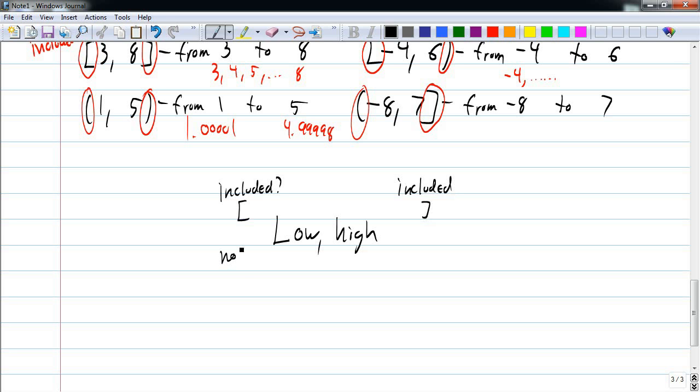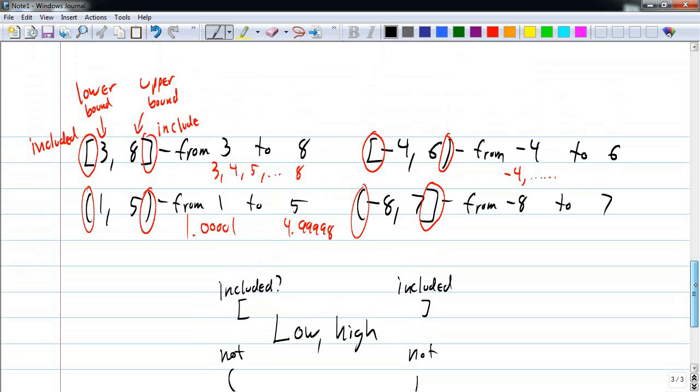Otherwise, we use parenthesis. So when you are writing an interval, ask yourself, what's my low number? What's my high number? And then are they included? A little bit of vocab.